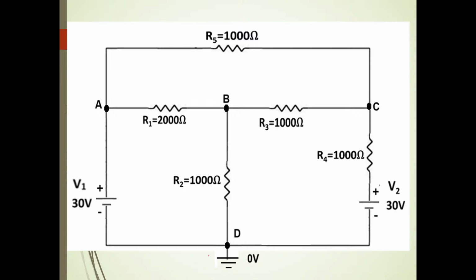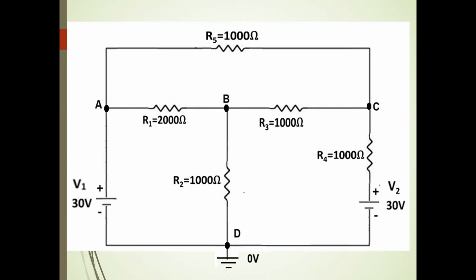So whichever node current returns back to the sources from, that node you will call the reference node, and the reference node value will always be 0. That's why I have put a ground symbol here and mentioned 0 volts.